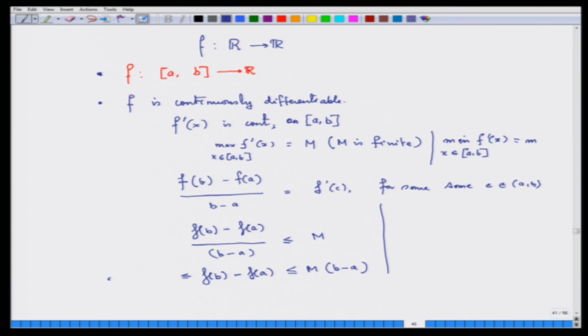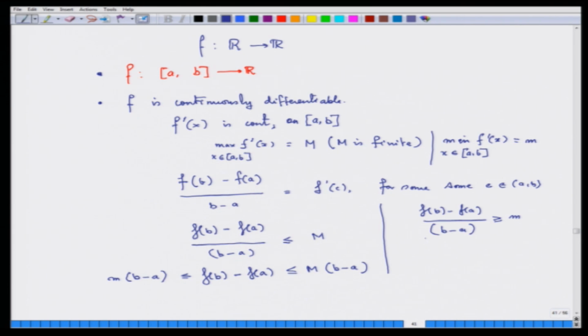So f b minus f a by b minus a is greater than or equal to m.